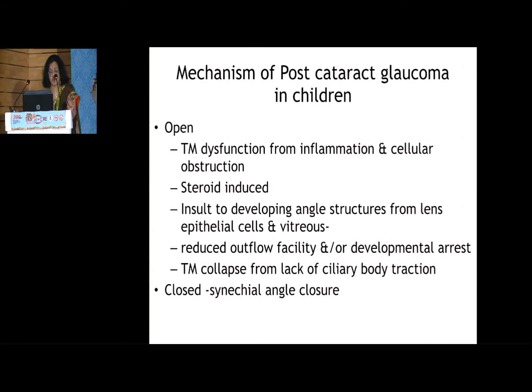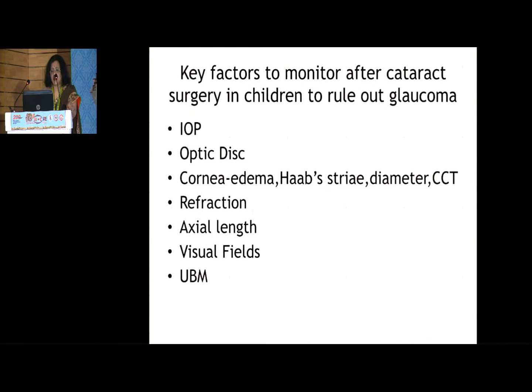It could be steroid induced. It could be due to the insult to developing angle structures from lens epithelial cells and vitreous. It could be due to reduced outflow facility or developmental arrest. It could be due to TM collapse from a lack of ciliary body traction, and it could also be an angle closure glaucoma. So we need to monitor all these factors when we are following up a child after cataract surgery as well.